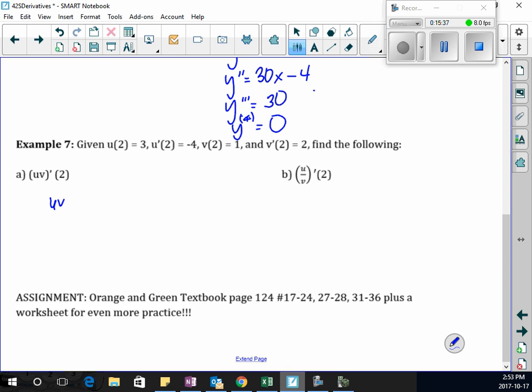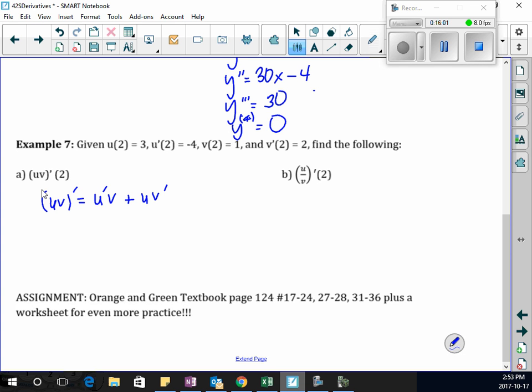So the way you do this is, forget about the 2 for right now, does everybody know that uv prime would be, this is a product, so u prime v plus u v prime. It's the first function derivative times the second one left alone plus the first function left alone times the second derivative.